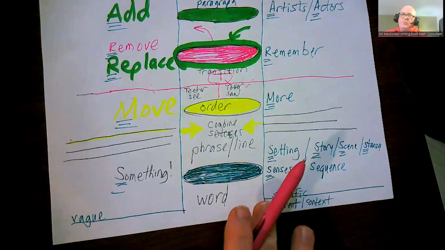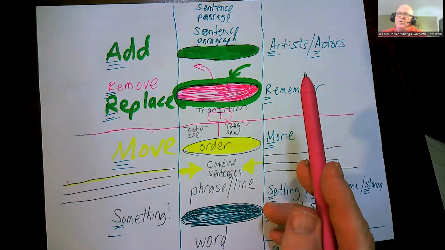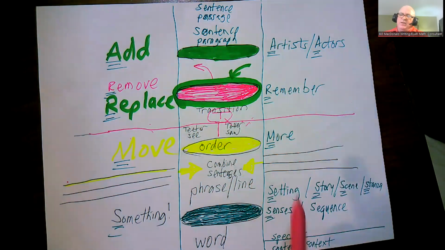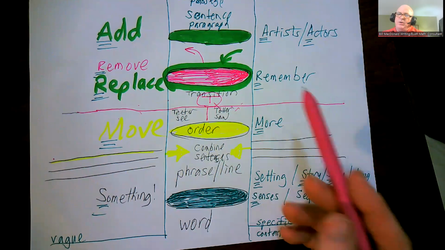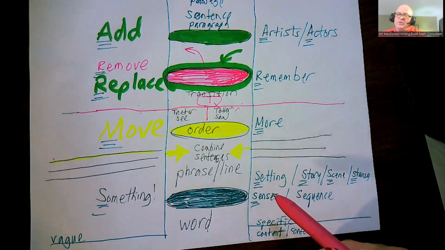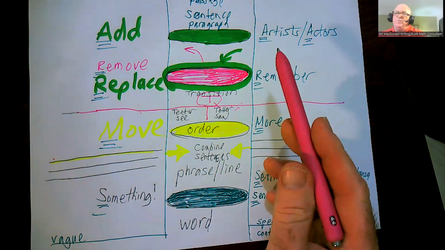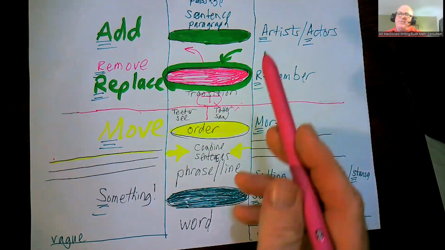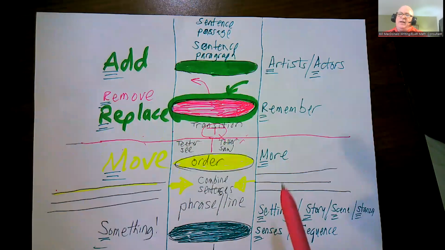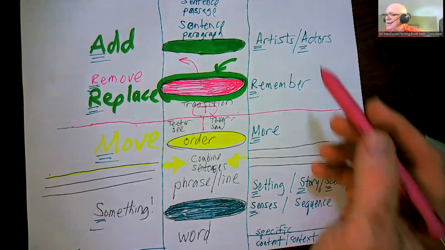And then if you look to the right, because some kids struggle with reading, another arm that you can do is artists remember more setting or senses. You're working on imagery. I want to be able to paint a picture of whatever it is that I'm reading about so I can have a better understanding. And I can do that for both reading and for revising.